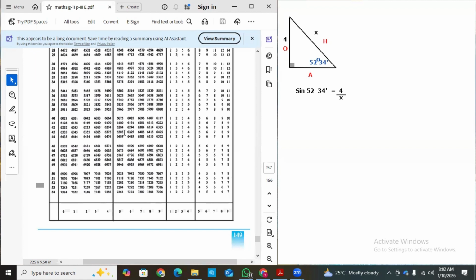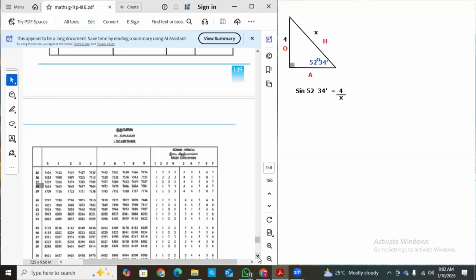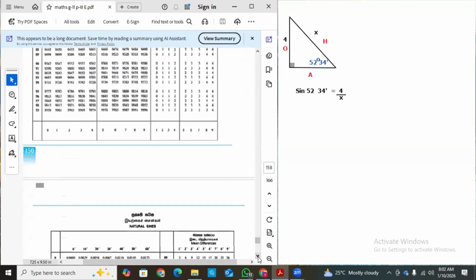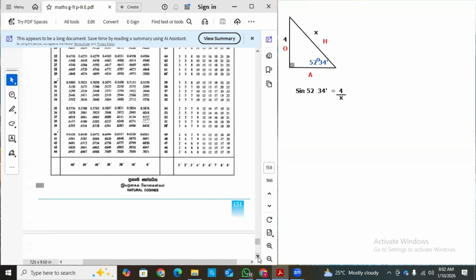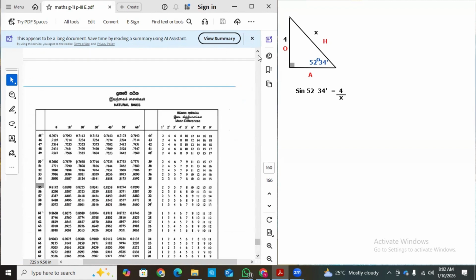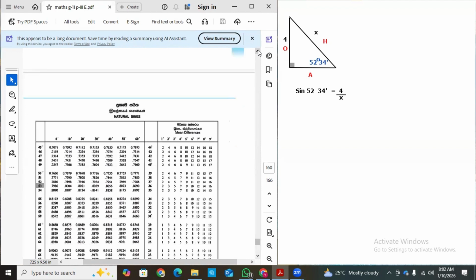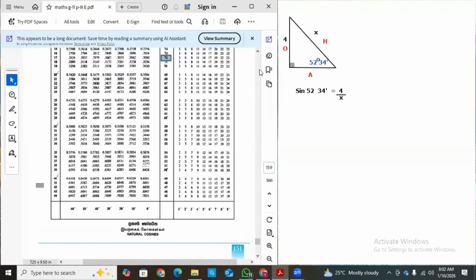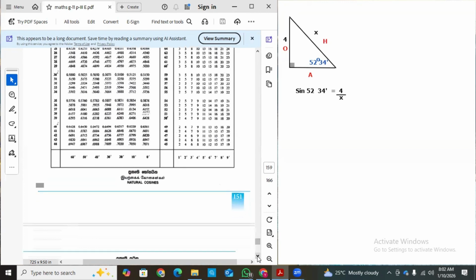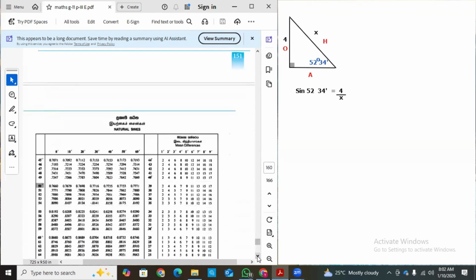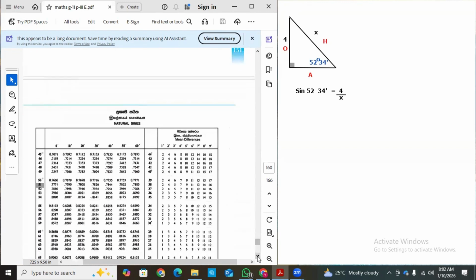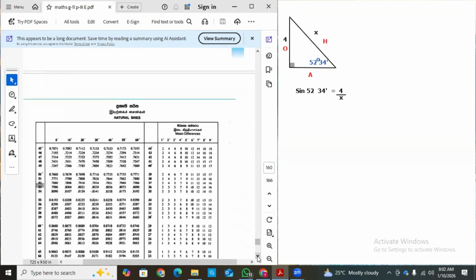And now we'll try to find out the sine 52, 34. And where is that? Sine 52, 34. Okay, sine 52, you all can see that sine 52 is here, and 30, 30 and 4.